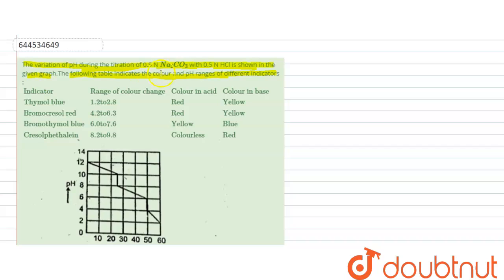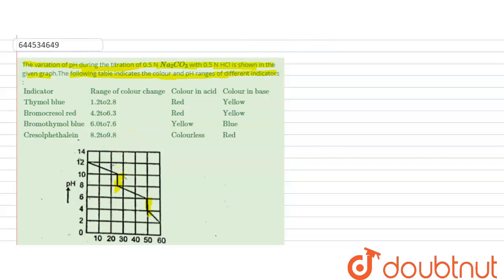So 0.5 normal Na2CO3 with 0.5 normal HCl, this pH graph is shown, and in this graph you can see there are two positions where at a constant volume there is a drastic change in pH, right? So at this volume of 25 ml of HCl and at 50 ml of HCl, you can see there is a sudden change.